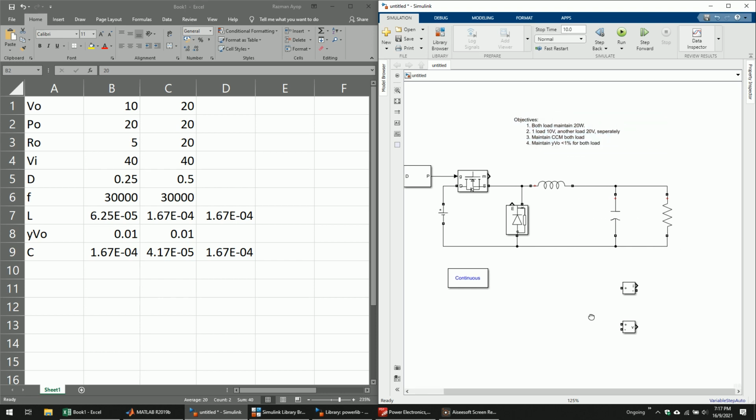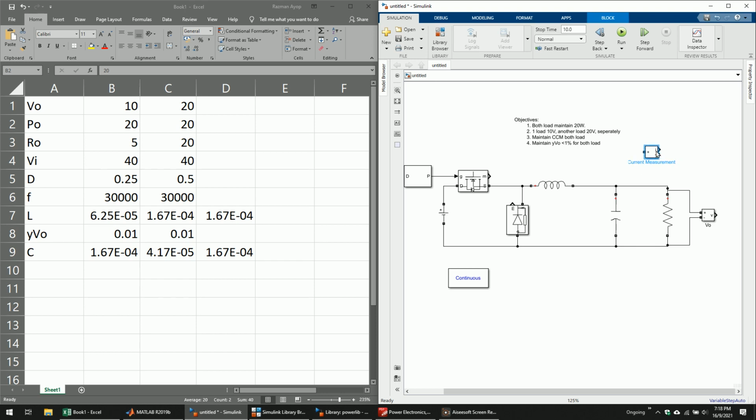For the second objective, you can see here you have 10 volt and 20 volt. So you have to measure the output voltage. How to measure it? This one. This is the output voltage. Maybe I just single click this and change it to V out. And of course, you have both loads maintain 20 watt.